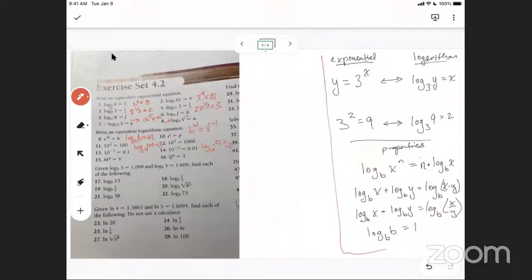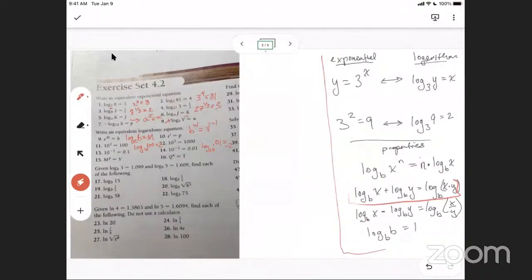Okay. The next section is talking about finding values given logarithms, and this is what's going to use these other properties that I wrote at the bottom over there. You see those properties?